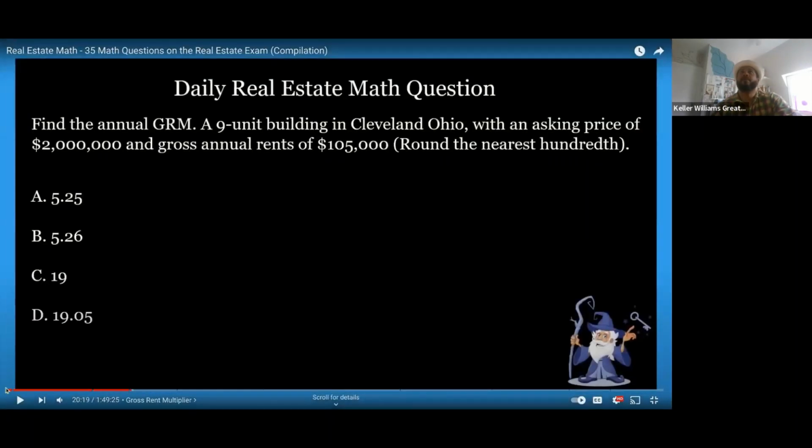All right. Find the annual gross rent multiplier. So this is a fun one. A 9-unit building in Cleveland, Ohio, with an asking price of $2 million and gross annual rents of $105,000. Round to the nearest hundred.